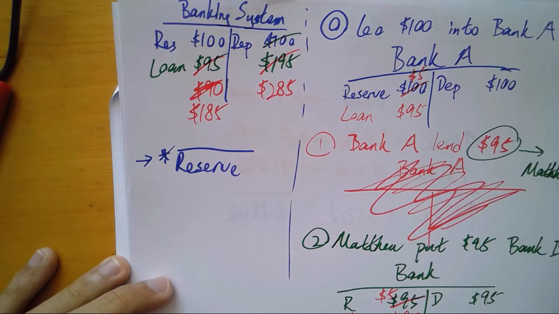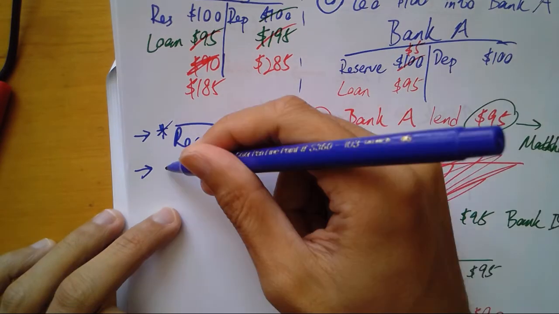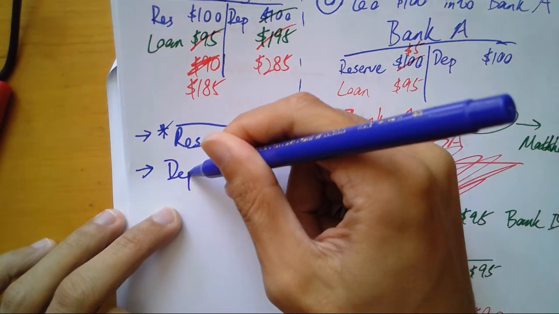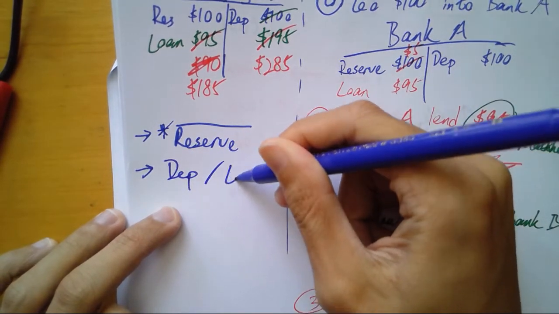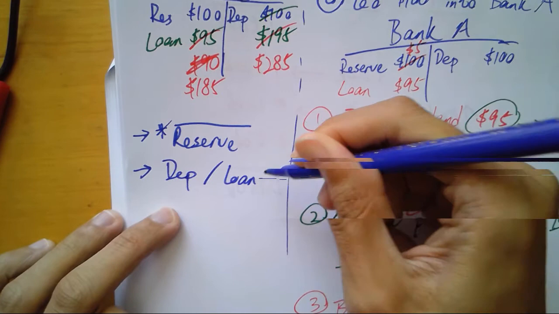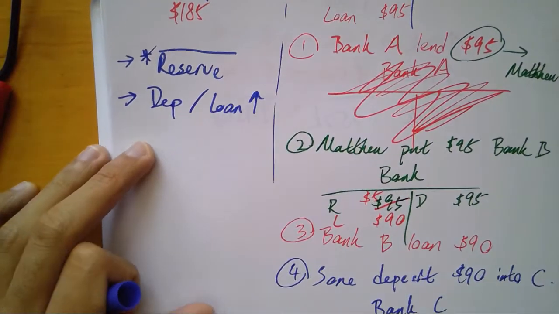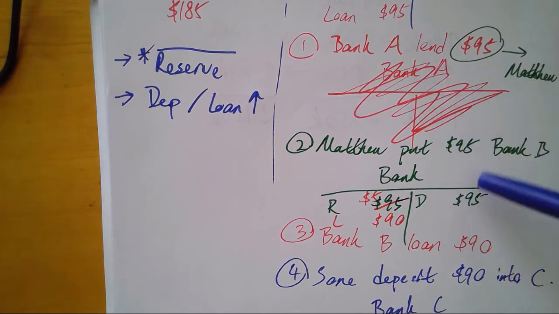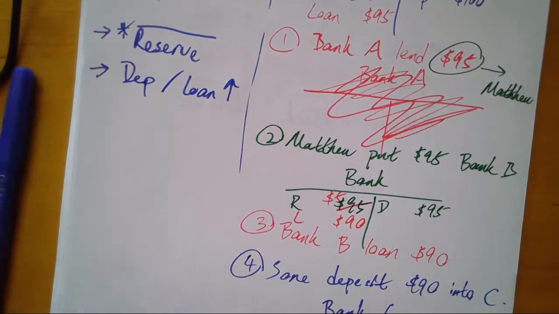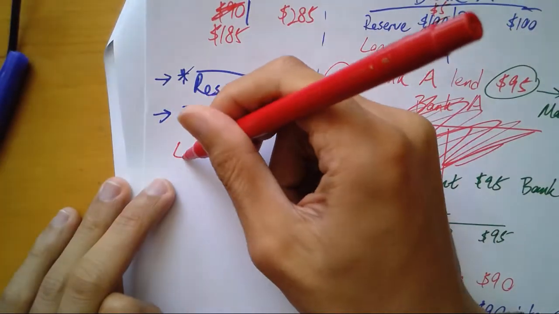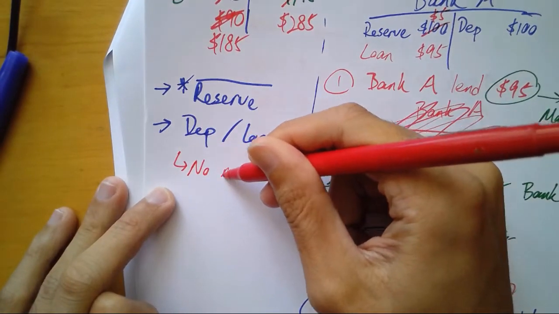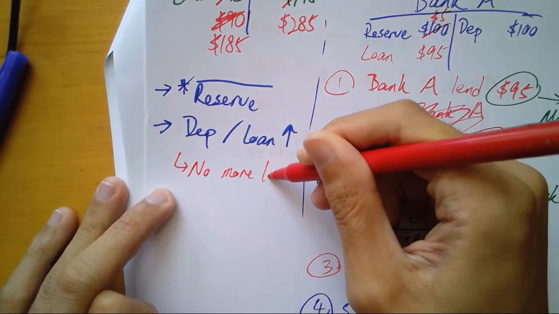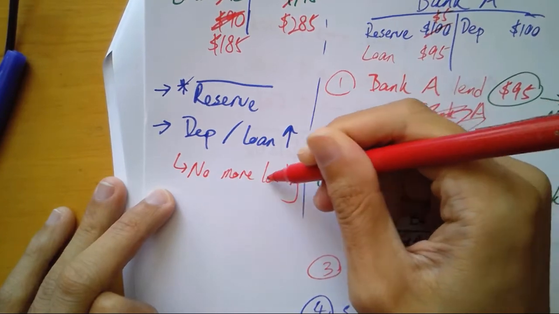OK, now second observation, we see that deposit and loan just keep going up. OK, until when? 好啦，我哋一路都話啦，有得借出去啊嘛，係嘛？Until so called no more lending, right?